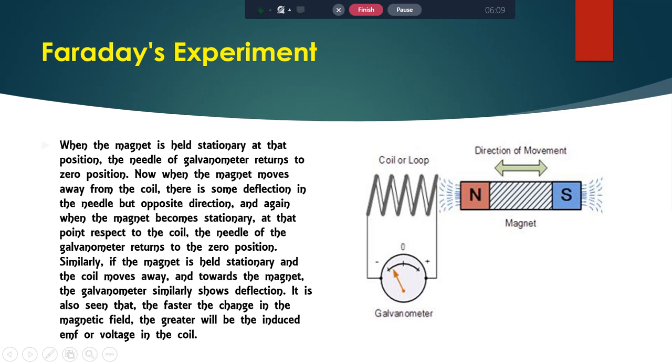Similarly, if the magnet is held stationary and the coil moves away from and towards the magnet, the galvanometer similarly shows deflection. It is also seen that the faster the change in the magnetic field, the greater the induced EMF or voltage in the coil.